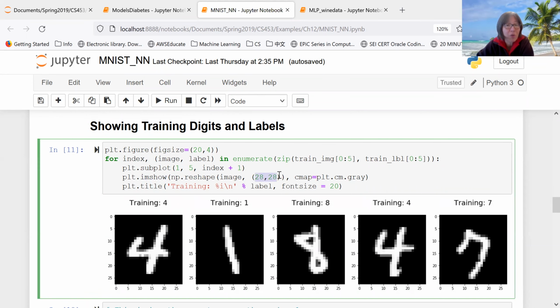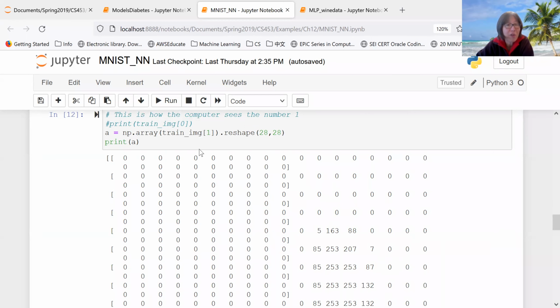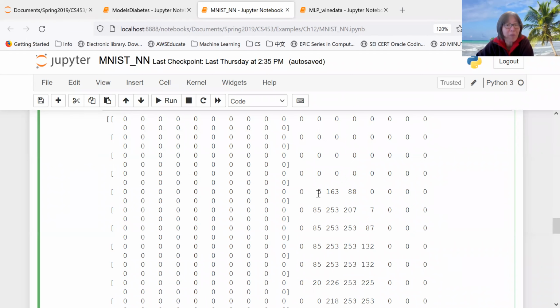And then we got the first 5 samples. Here it gives us an idea about what the data is. This is just a single specific one, 784 values, where the pixel value is between 0 and 255.